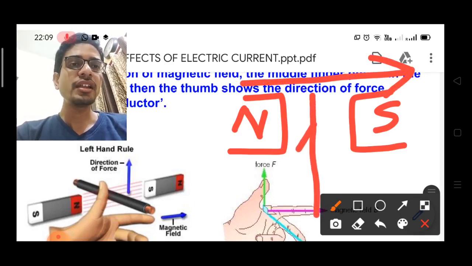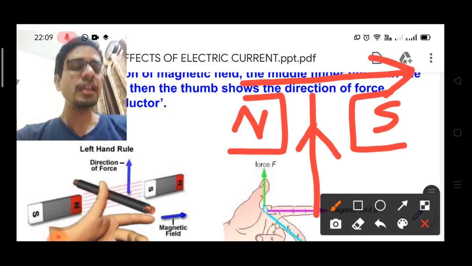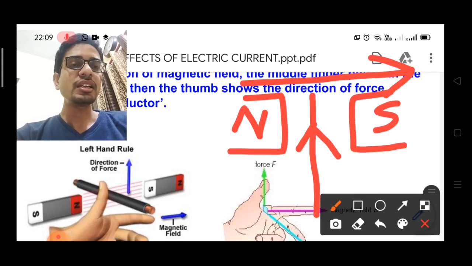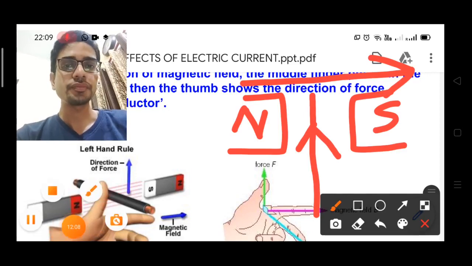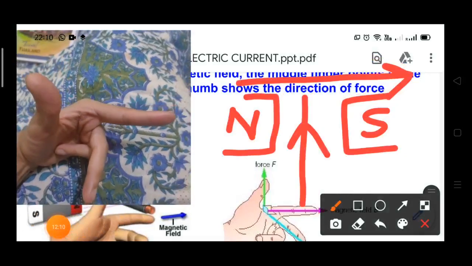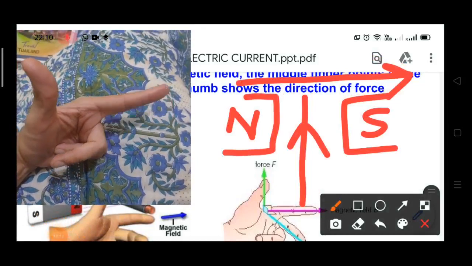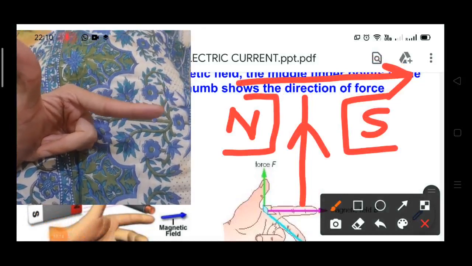The direction of current is this. Since this current carrying conductor is placed in a magnetic field, it will experience a force. Now tell me the direction of force on this conductor by Fleming's left hand rule. So try the left hand rule. This is the magnetic field.